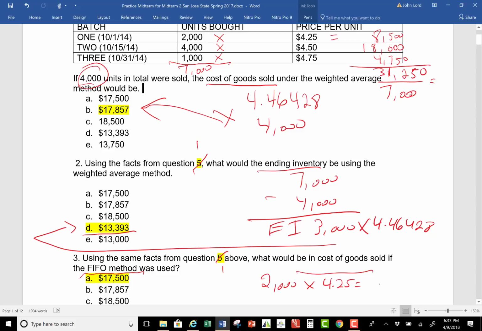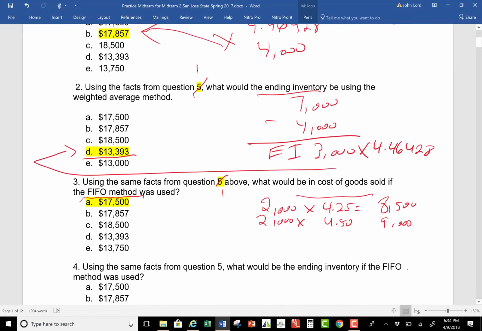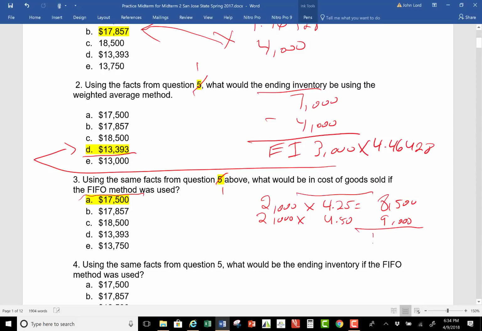And that gives me 8,500. Good. And how many more units do I need? Need 2,000 more, so I'm going to take these 2,000 from these 450 ones. And what's that? 9,000. Okay. Good. So I end up with a cost of goods sold here of 17,500, right?